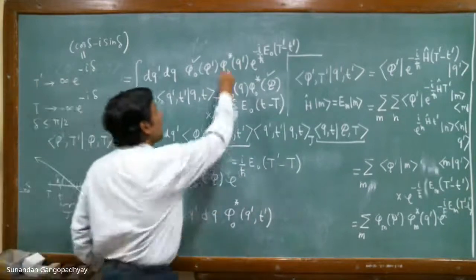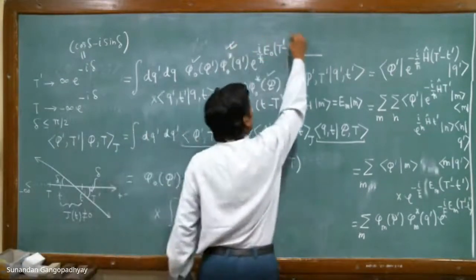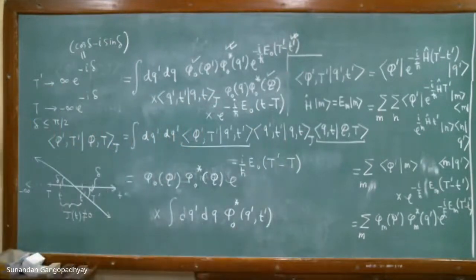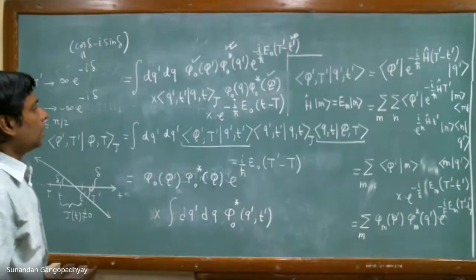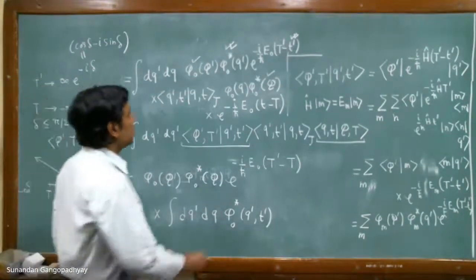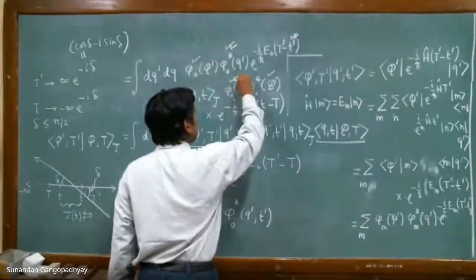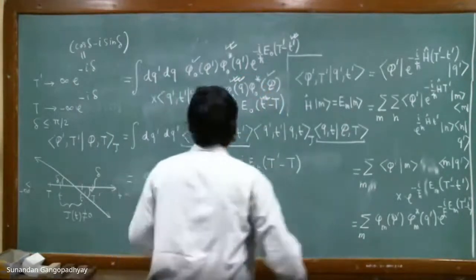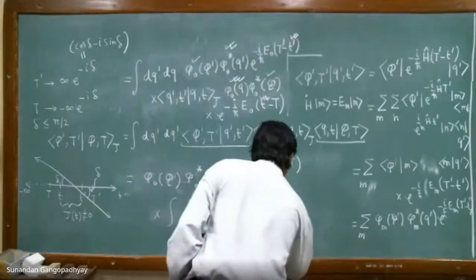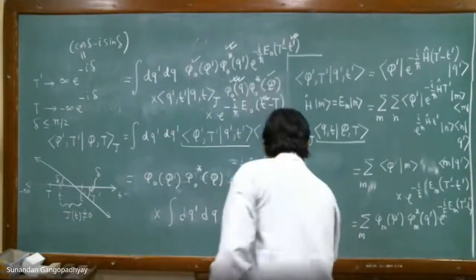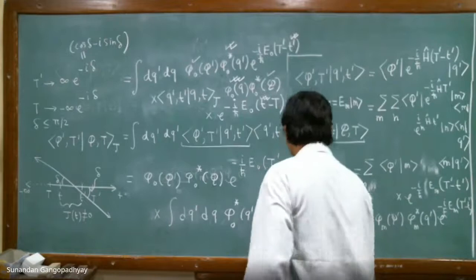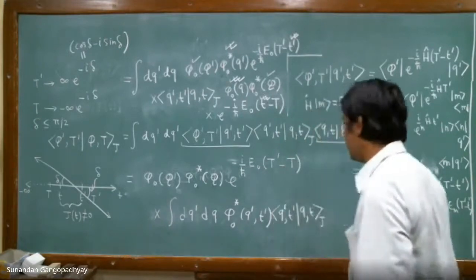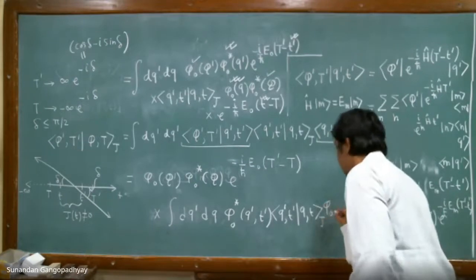So what I've done is I've combined this expression with this expression and made it a function of t prime, the energy eigenfunction. Similarly, you can do the same thing for this term and this term. And in between we have this term, j phi naught.